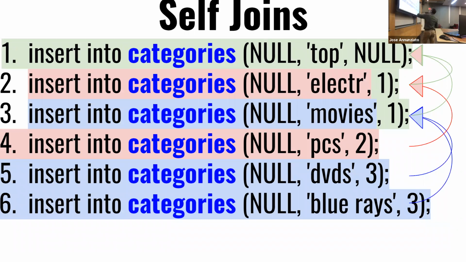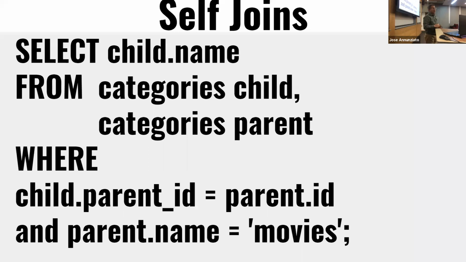You might have categories of DVDs and Blu-rays under the subcategory movies, and PCs under electronics, but both have a parent at the top. The top category usually has a parent that is null, meaning it's the root category. They don't have any parent, but all the other ones do have a parent. So how do you do queries that are self-referencing? How do you do that?